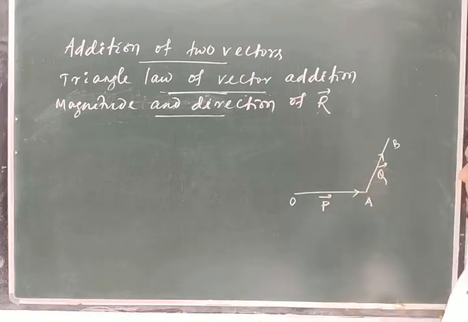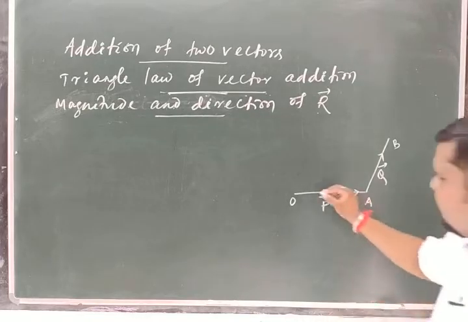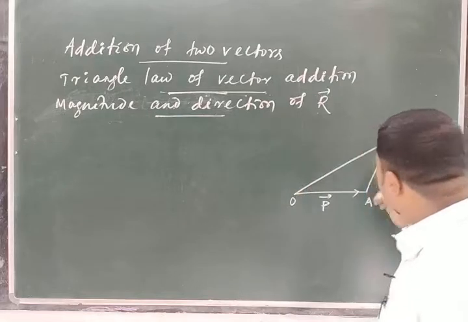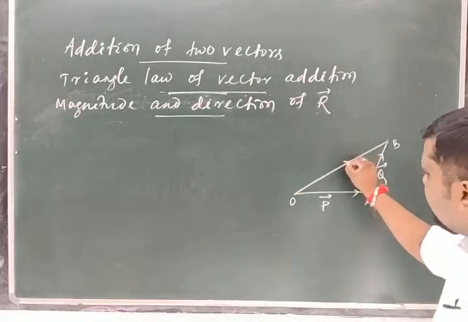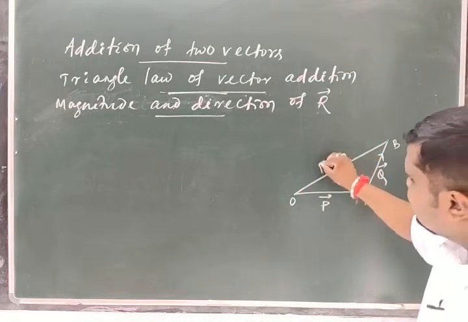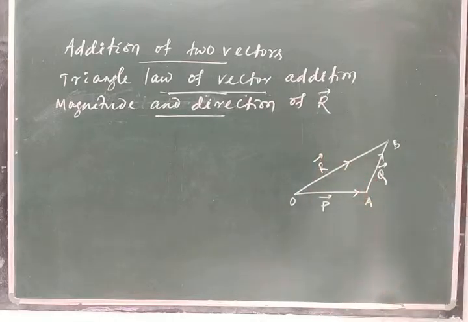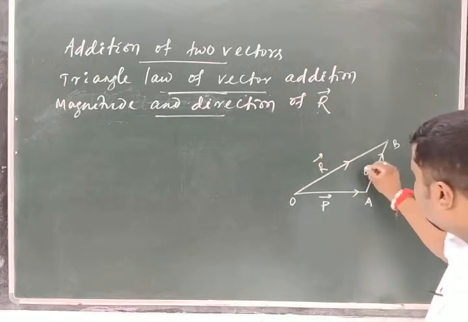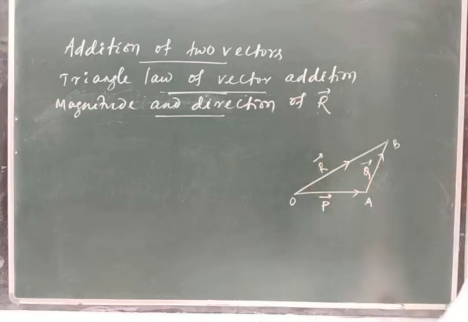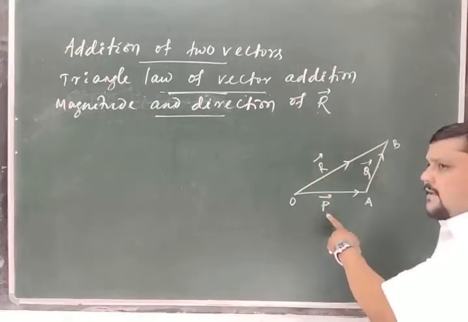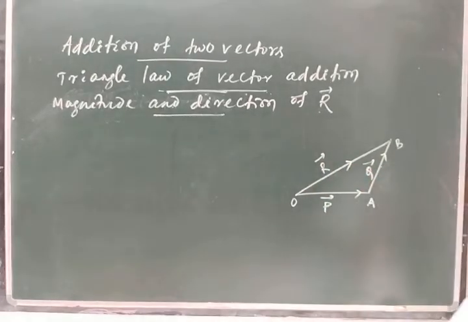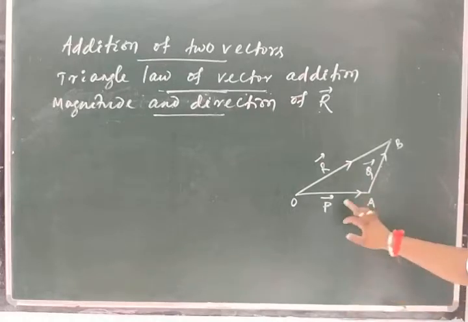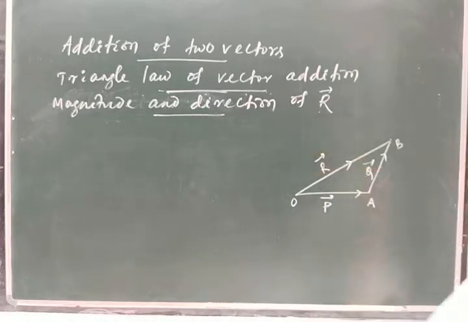Then according to the law, the resultant is represented by the third side of the triangle, taken in the opposite order, and this is the resultant R. If we know the magnitude and direction of P and Q, we can find the magnitude and direction of R by using the triangle law of vector addition.